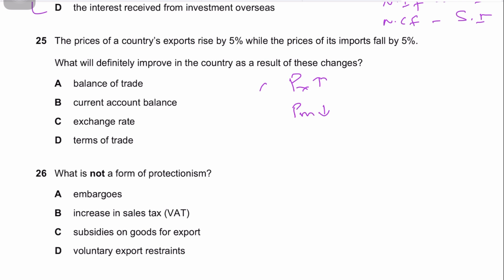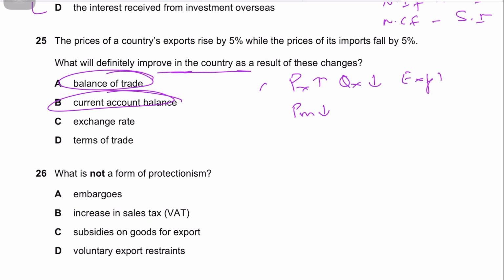As far as balance of trade and current account is concerned, people will buy fewer exports, so export revenue should go down, while the quantity of imports will go up and import expenditure should go up. In that sense, balance of trade should worsen, and so should the current account balance. So A and B is not the right answer.